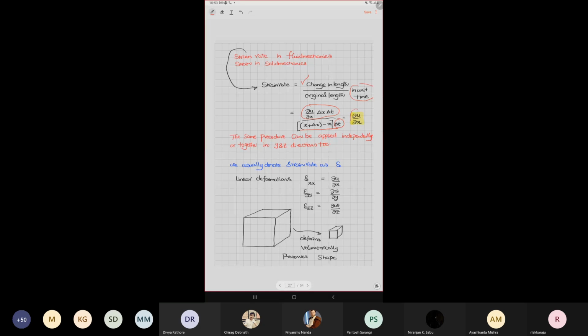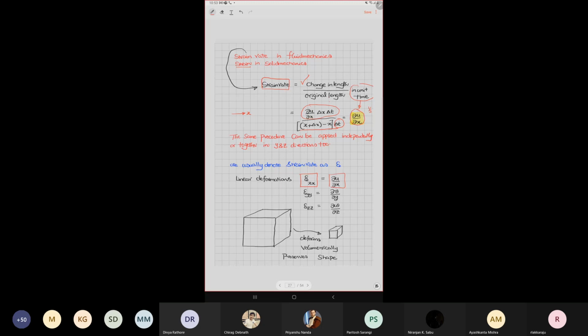So del u by del x is change in length by original length per unit time, and the unit is 1 over second. That is what we have measured in the x direction, and we call it strain rate rather than strain, since we talk per unit time. In solid mechanics you talk in terms of strain; in fluid mechanics you call it strain rate. That linear deformation is epsilon xx, which you denote as del u by del x.